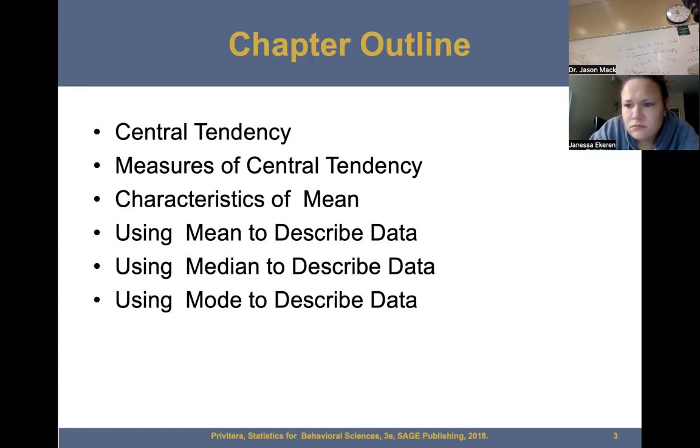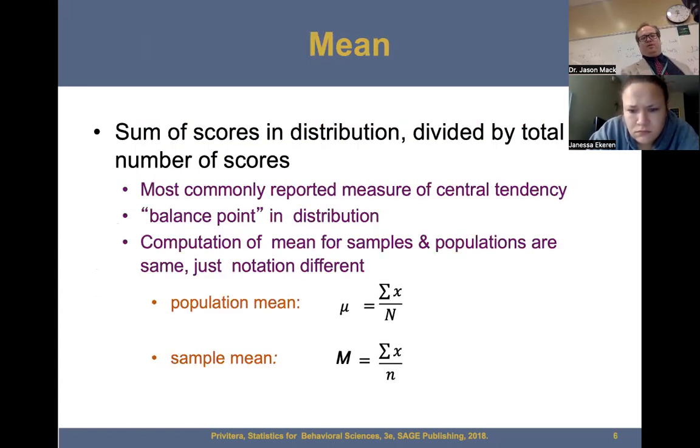I think we left off on the mean. Chapter 3. The mean is an average. The formula is what you're looking at. The Greek mu equals the sum of the amounts over n. Or the sample mean is equal to the sum of the values, that's the sigma, over n.